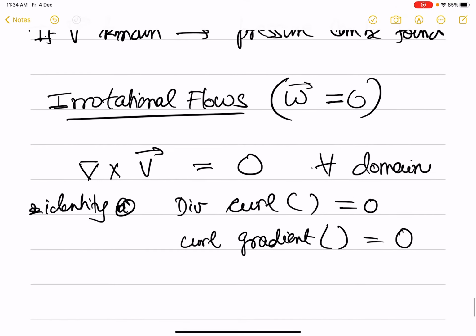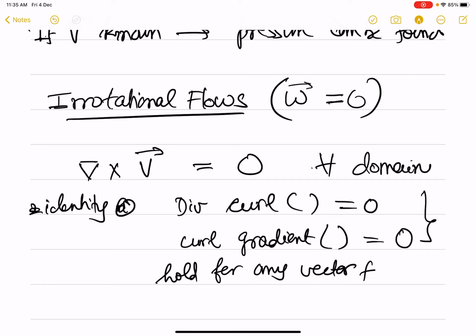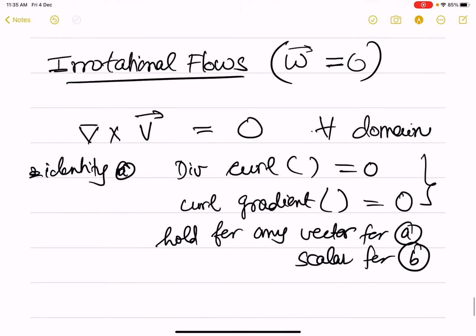So these are identities. They hold for any vector for identity A and any scalar for identity B.